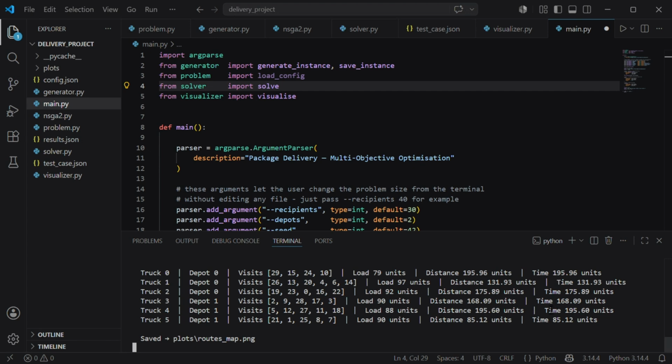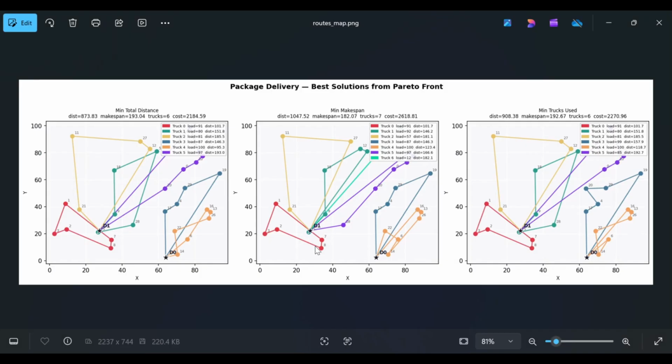Now we can see the map. This first graph shows three routes side by side. The stars are the two depots, D0 and D1. The numbered dots are the 30 customers. Each colored line is a different truck's full journey. It starts at the depot, visits its customers in order, and comes back to the same depot at the end.